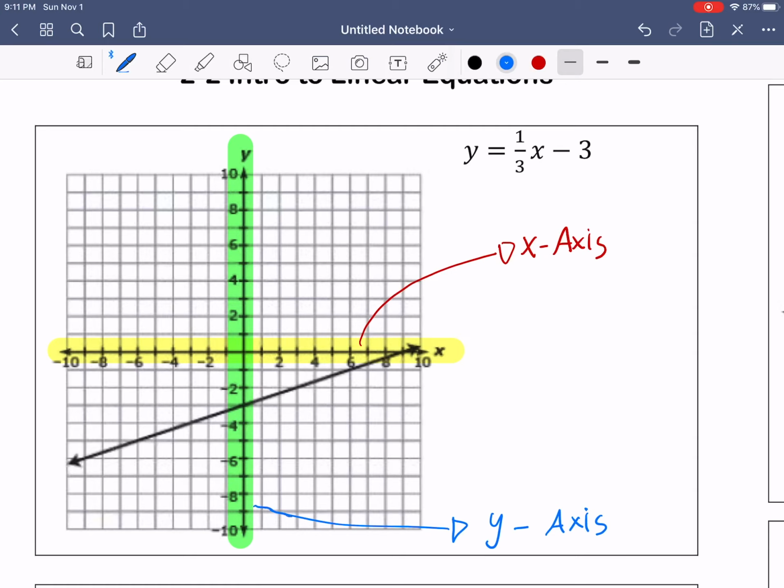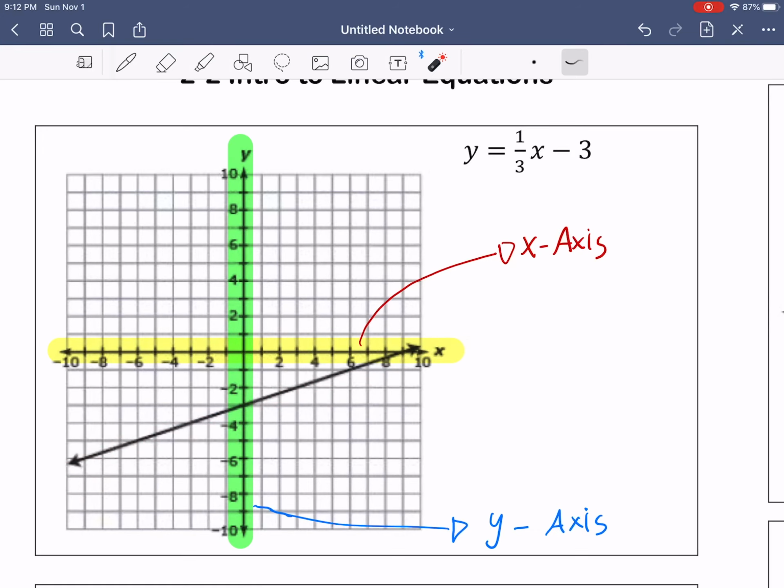So you have to know this. This entire thing is the x-axis. This is the y-axis. If you want to find the domain based on this graph, you use the x-axis numbers. This is going to be all real numbers because it's not stopping. It keeps going to the left and right.